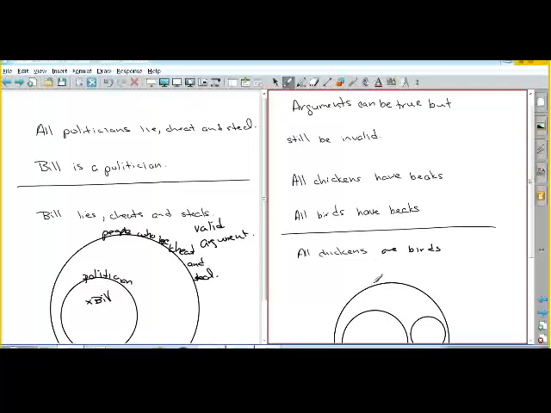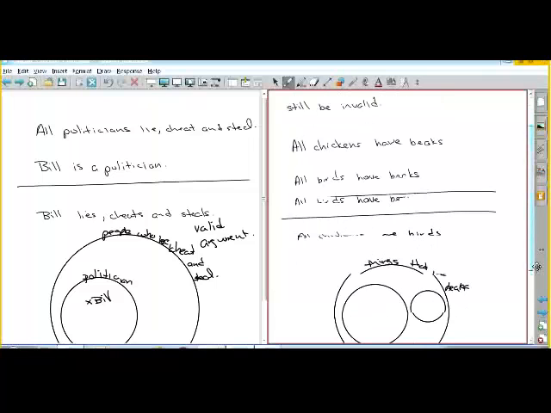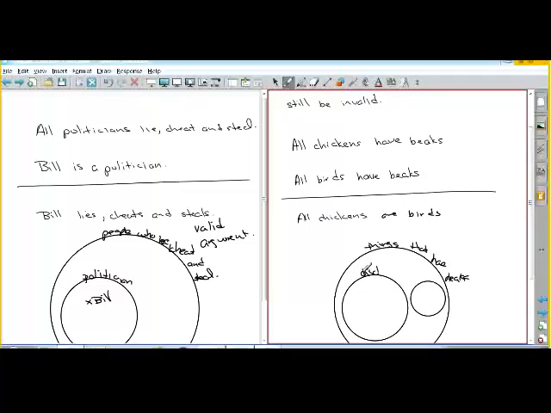So all chickens have beaks. So the outside circle would be things that have beaks, and the inner circle here would be chickens. So that's the first statement. Chickens are things that have beaks.